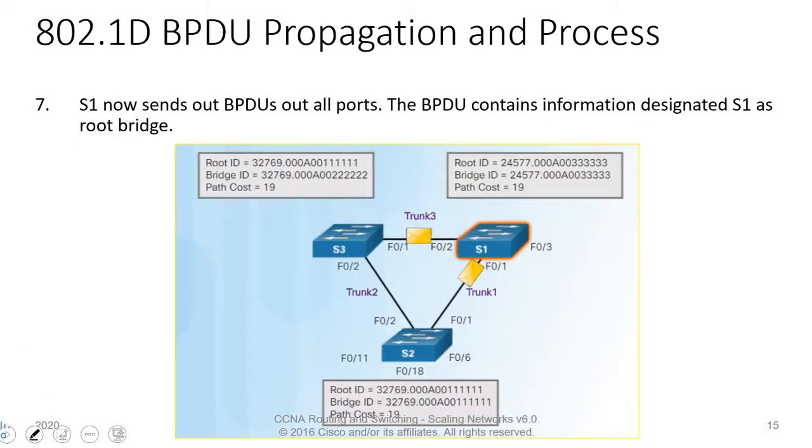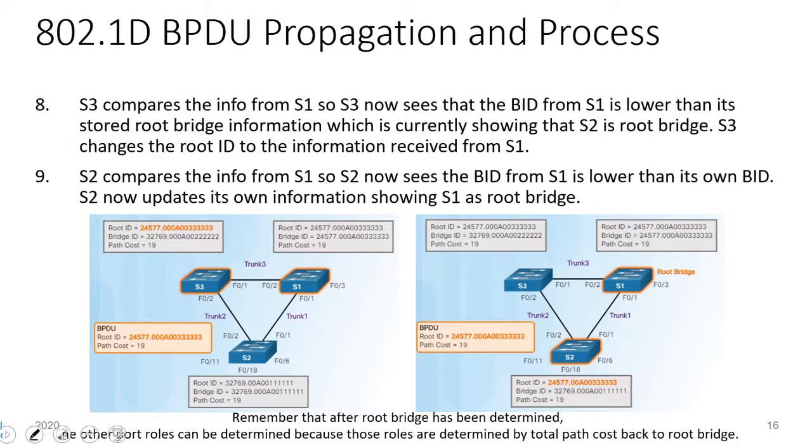Now S1 will send out a BPDU containing the information saying S1 is the root bridge. Once that information is received at S3 and S2, they will compare the BIDs with their own.